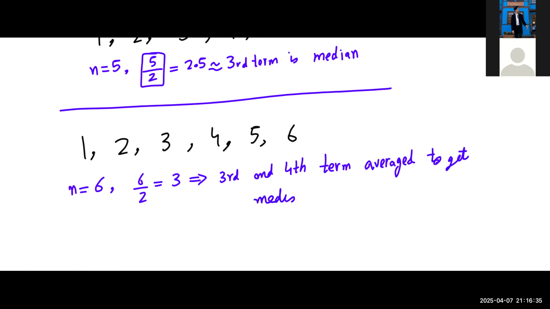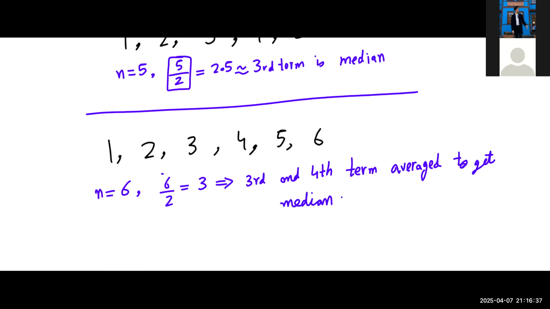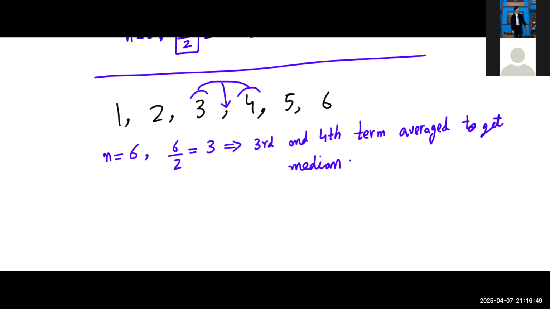Okay? So in the case where half of your number of terms is a whole number, you need to take that term and the next one and average them. So the third term and the fourth term need to be averaged to get the median. Does that make sense? Yeah. So in this case, the median would be 3 plus 4 over 2, which is 3.5, which makes sense because it's in the middle of 3 and 4.